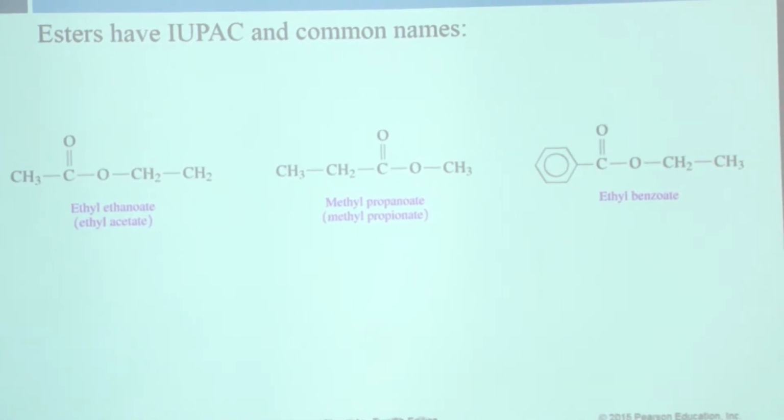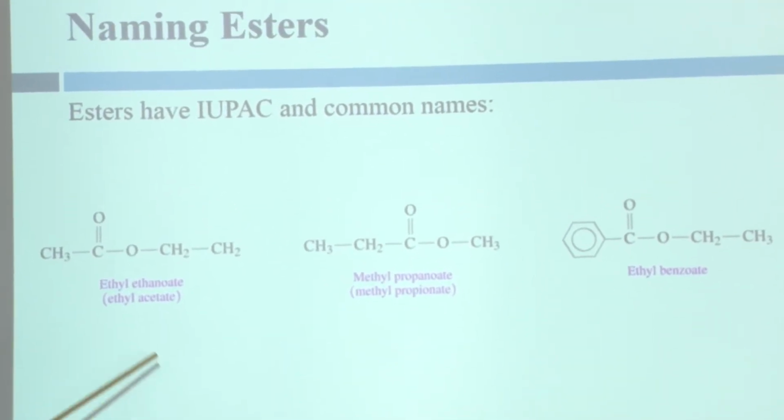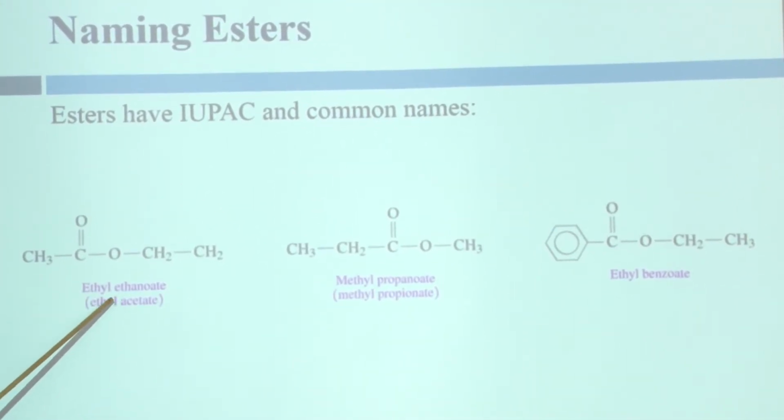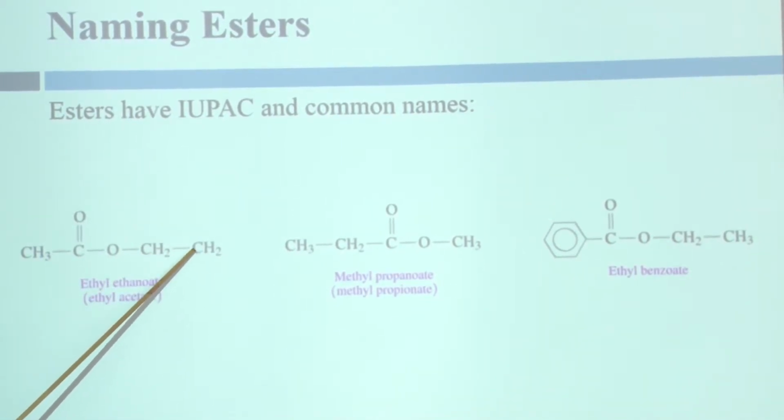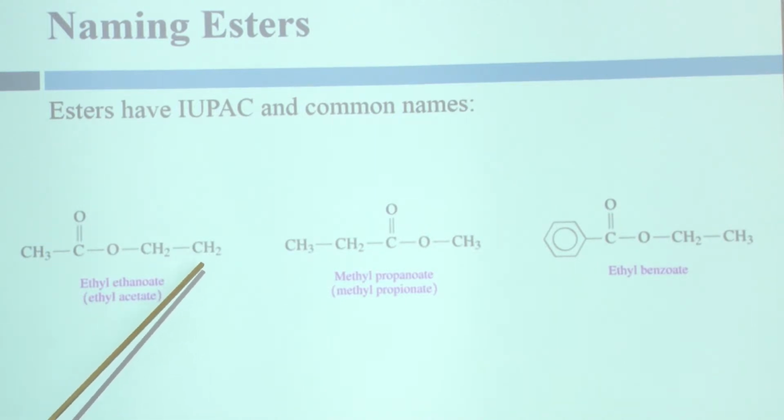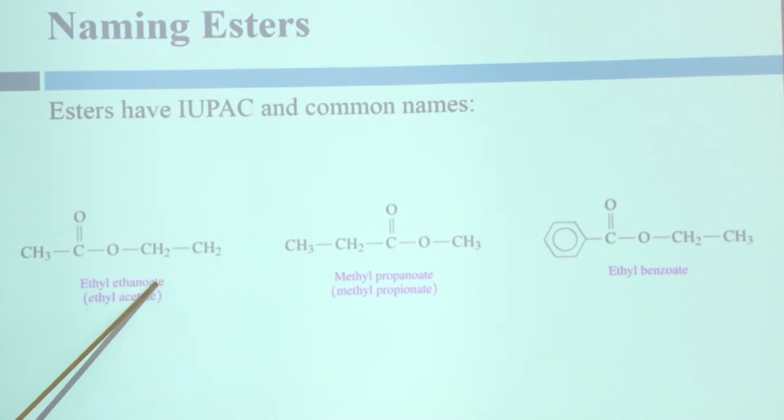Okay, ethyl ethanoate. So what does this tell me? Ethyl. So this is the ethyl. That tells me that the alcohol is ethyl alcohol. Ethanoate, ethanoic acid.